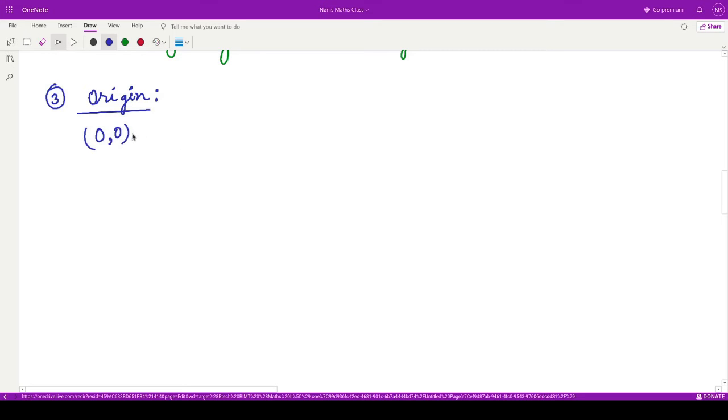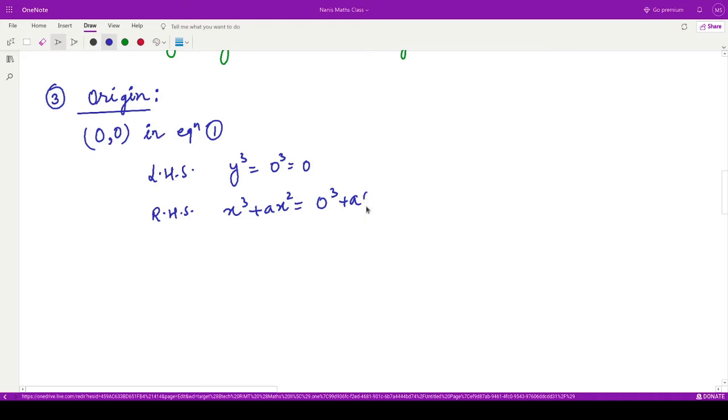So when you substitute this point in equation number 1, the left hand side is y cube, which would be 0 cube, that is 0, and the right hand side is x cube plus ax square, which becomes 0 cube plus a into 0 square, so that would simply be 0. Obviously the left hand side and right hand side are equal, so the point 0, 0 is satisfying this curve. Therefore we can say the curve given by equation 1 passes through the origin.